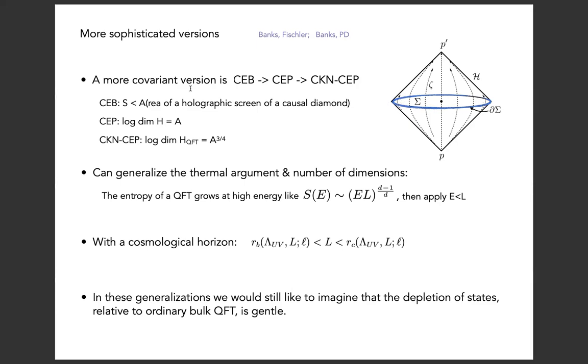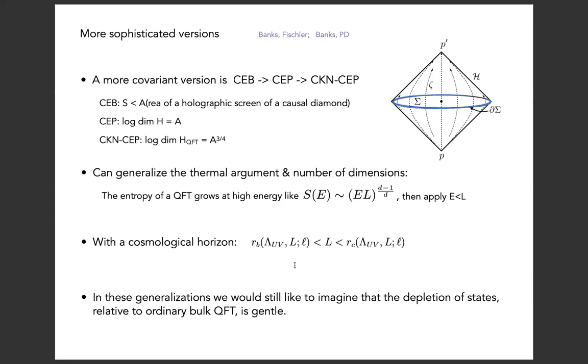this thing in blue here. And the CKN covariant entropy principle is just that the number of local QFT-like degrees of freedom goes like A to the 3/4, where A is the area of this holoscreen. You can generalize the thermal argument and the number of dimensions. So like this.